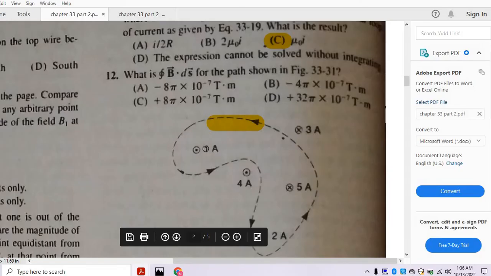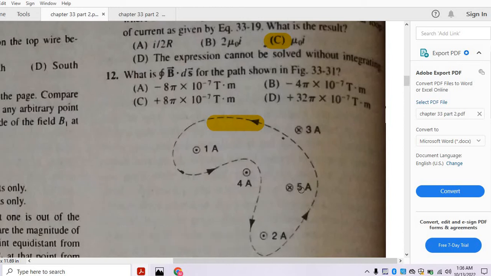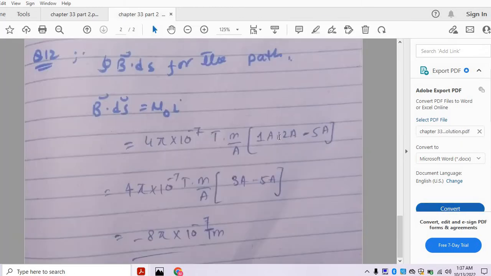That's why the currents of 1 ampere and 2 ampere are taken as positive, while the 5 ampere current is inward, so it is taken as negative, because the direction of the magnetic field due to this current is opposite to the direction of the Amperian loop.